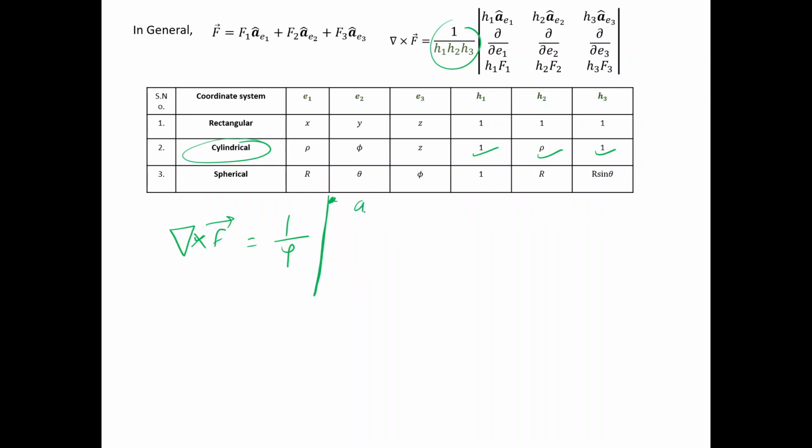This will be a rho, a phi multiplied by rho, and similarly az. So dou upon dou rho, dou upon dou phi, and dou upon dou z. This is the partial differential.